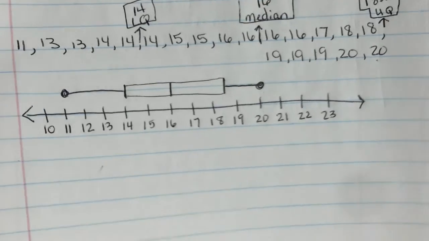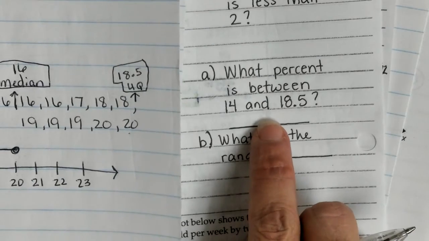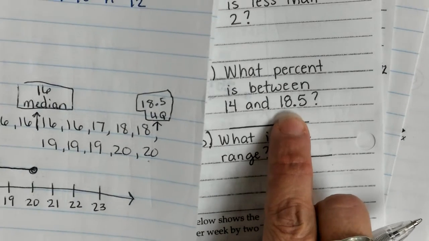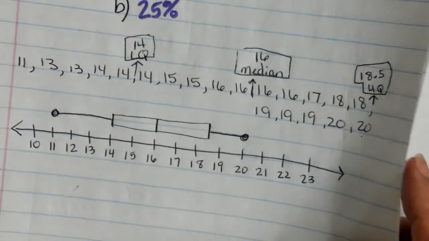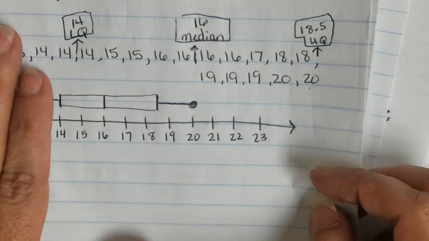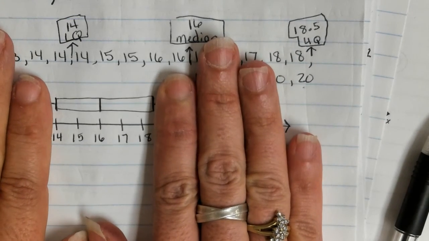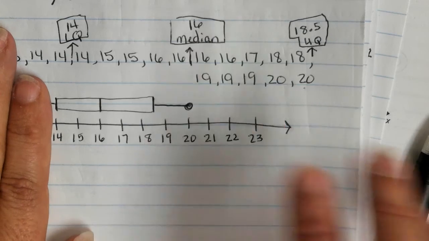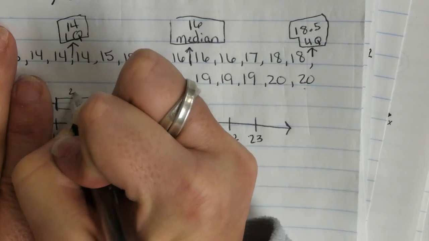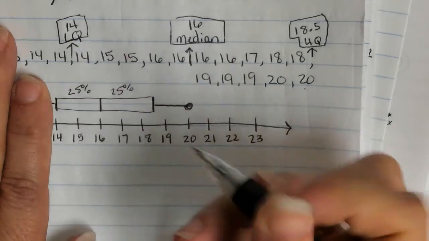Now, looking at the questions. Question A says, what percent is between 14 and 18.5? So between here and there is how much percent? 50%, because this is 25% and this is 25%.